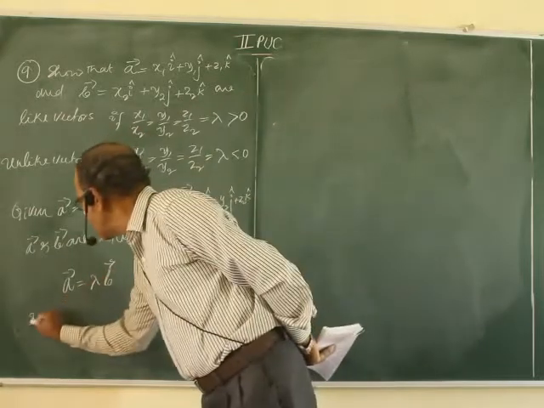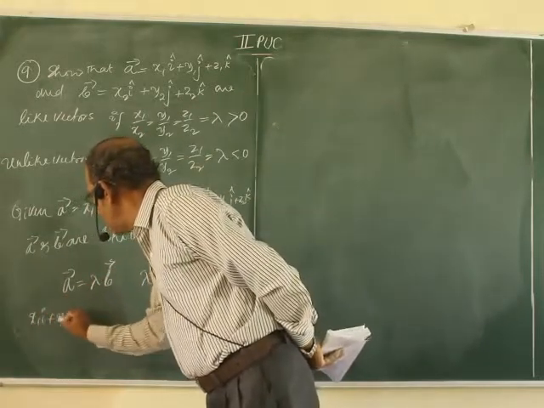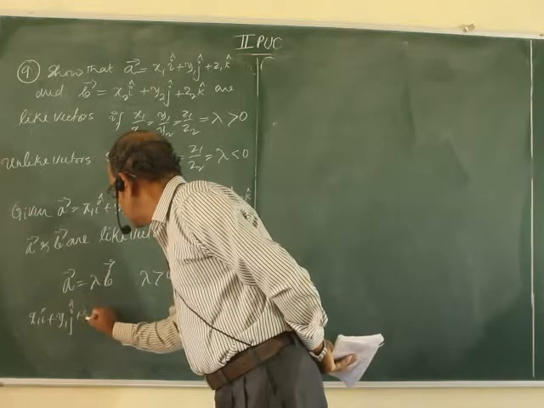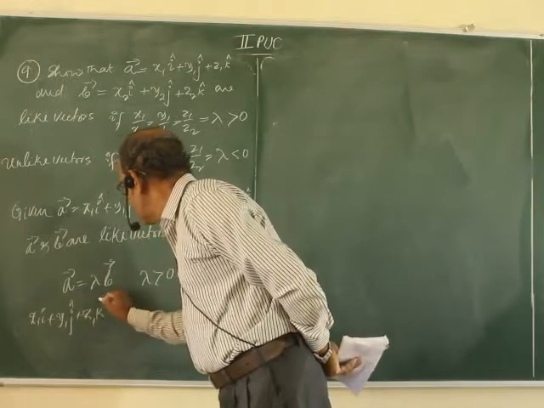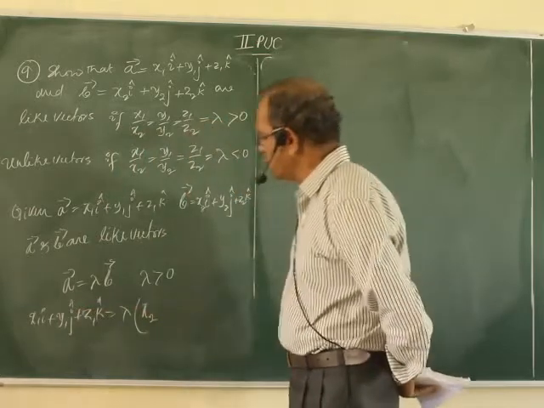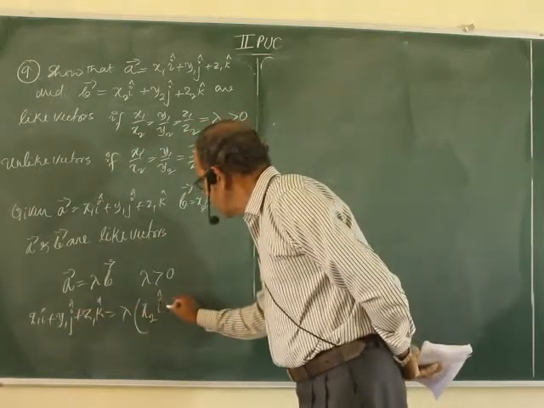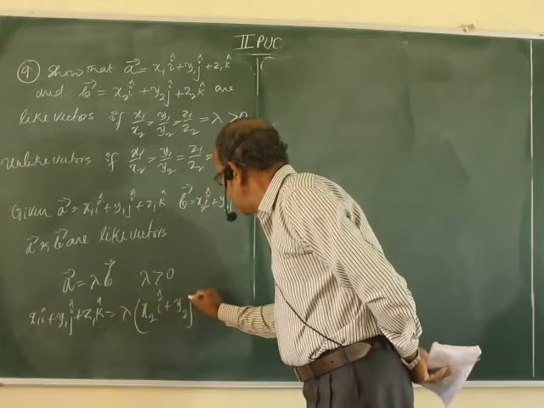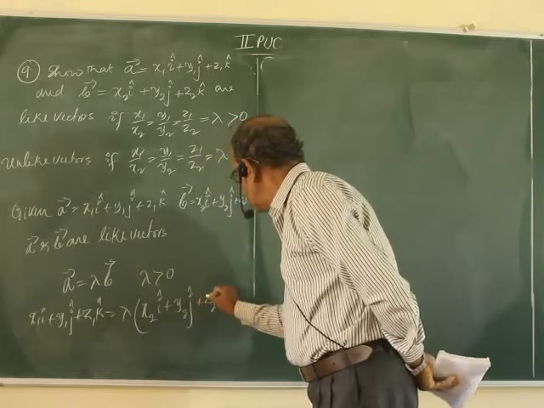Or x1i, y1j, z1k equal to lambda into x2i plus y2j plus z2k.